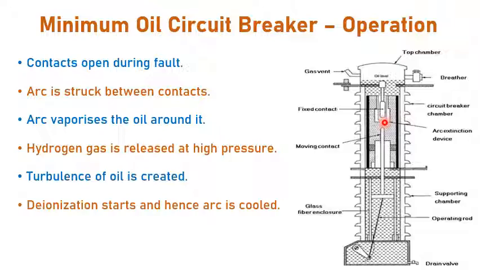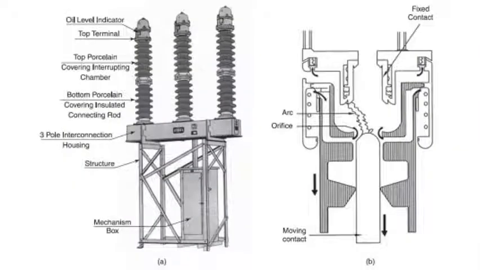Because of this, the arc energy will be converted into hydrogen gas, and hydrogen has the better cooling property. The arc will be cooled, and hence the arc cannot exist. So the arc will be quenched at natural current zero. So this is how the minimum oil circuit breaker operates. This is the practical look of a minimum oil circuit breaker used in a substation.